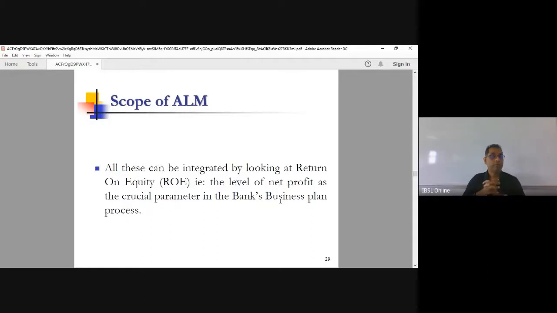All boils down to that, because ultimately the shareholders are the ones who own the firm. They are the ones who say, look, I am going to stay with your firm as long as I get a return on equity of X amount. If you are not meeting that ROE target, then I am not happy to keep my money with you in the future. So I'm going to buy something else, not you. Your equity holders leave you.